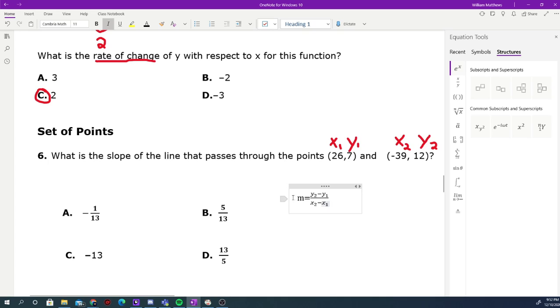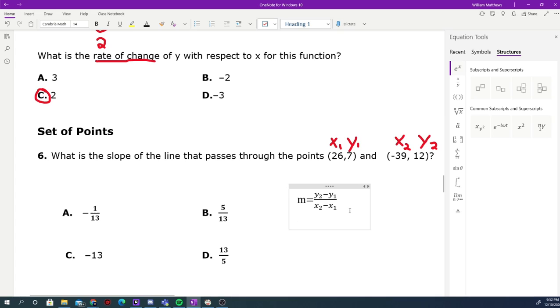Now that I'm done playing with all that, which made it really difficult, let me make this a little bit larger for everyone to see. We have our slope is equal to y2, in this case our 12, minus y1, which will be our 7, over x2, negative 39, minus our x1, 26.